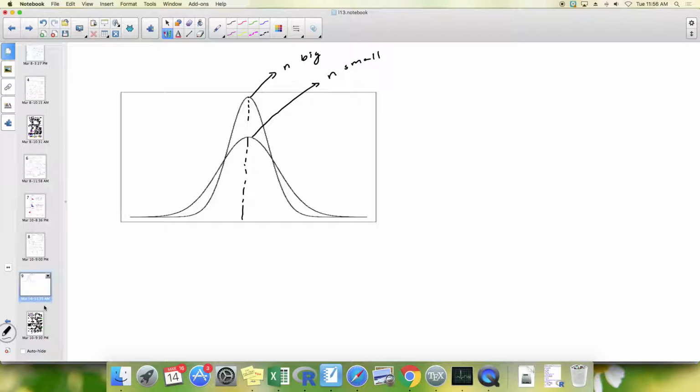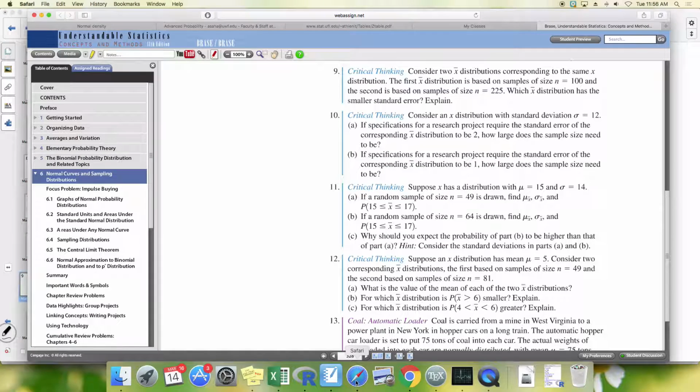Actually, it's question number 11. So I told you x bar lies between two numbers a and b. Now here a is 15 and b is 17. But in my examples, a was smaller than mu. But here a is mu. Mu is 15 and a is 15.